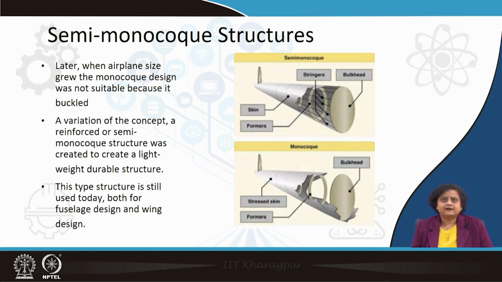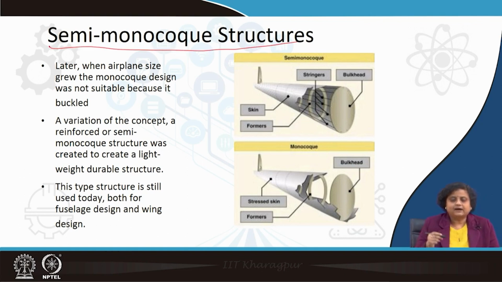So, as the aircraft started becoming larger, the monocoque structure was no longer very effective. The next improvement over the monocoque structure is the semi-monocoque structure, and all the aircraft that we see even today are semi-monocoque structures.